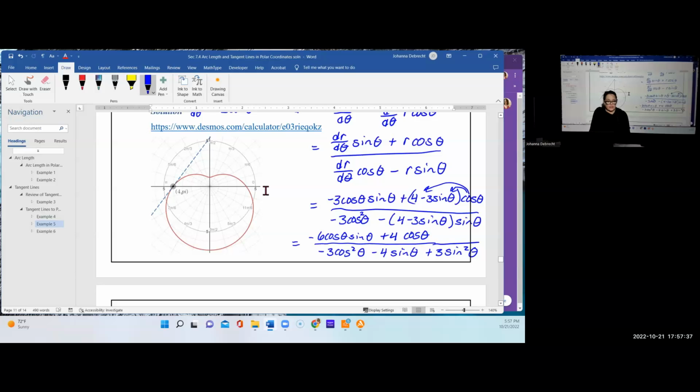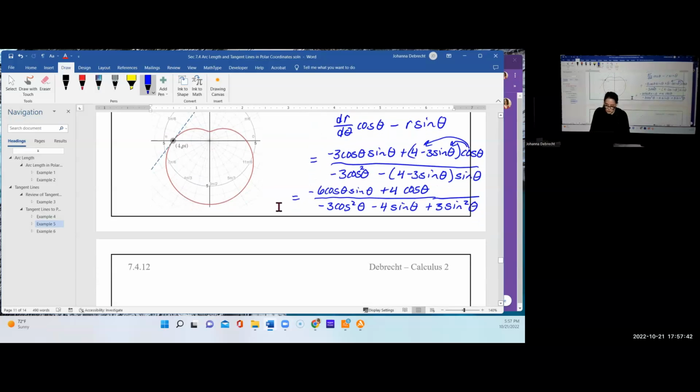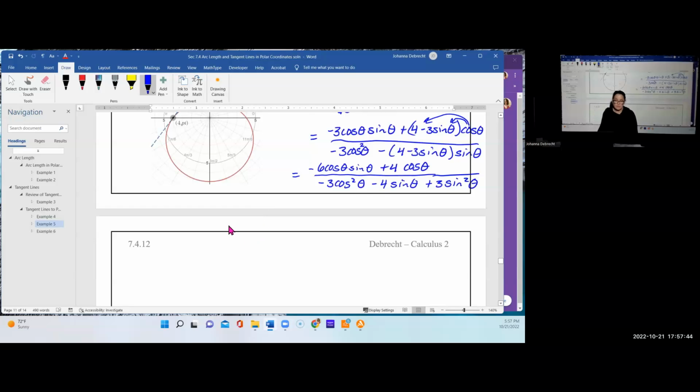So when we're looking at this particular one, we're looking at pi. So we have cosine of pi, which is -1, and sine of pi, which is 0.